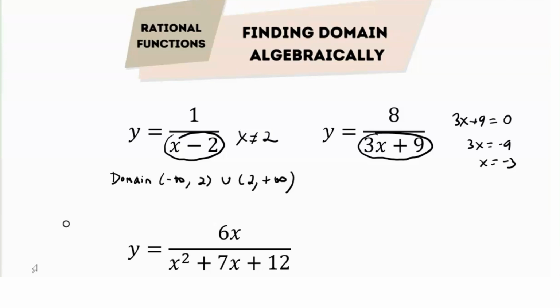That means negative 3 cannot be part of our domain because it makes the function undefined. So x cannot equal negative 3. We're going to go negative infinity to negative 3 union negative 3 to positive infinity for our domain.